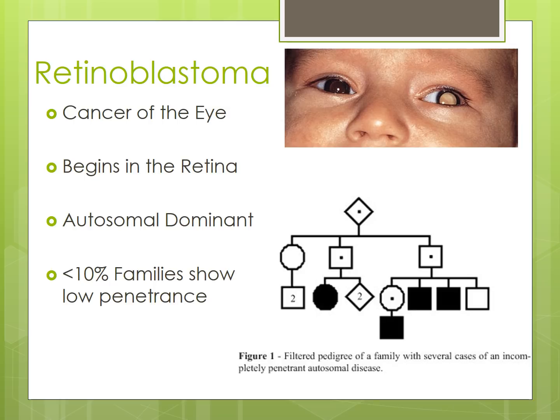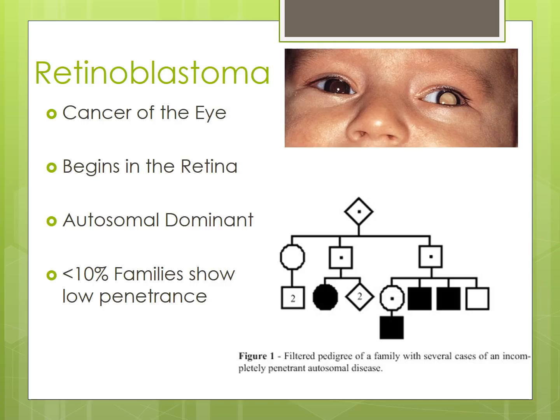And so we talk about it in terms of families. Less than 10% of families that have retinoblastoma within their family line have this low penetrance phenotype, in that not all the individuals will show the disease or the affected state. This is a small population of the families.